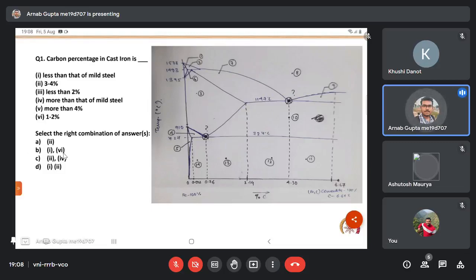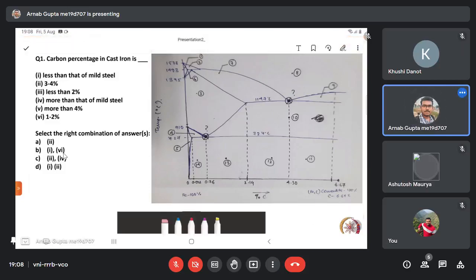So you can see an incomplete iron carbon diagram on the right hand side. I'm talking about this diagram. From what percentage of carbon, what will be the range of carbon percent for cast iron, and the same for steel?